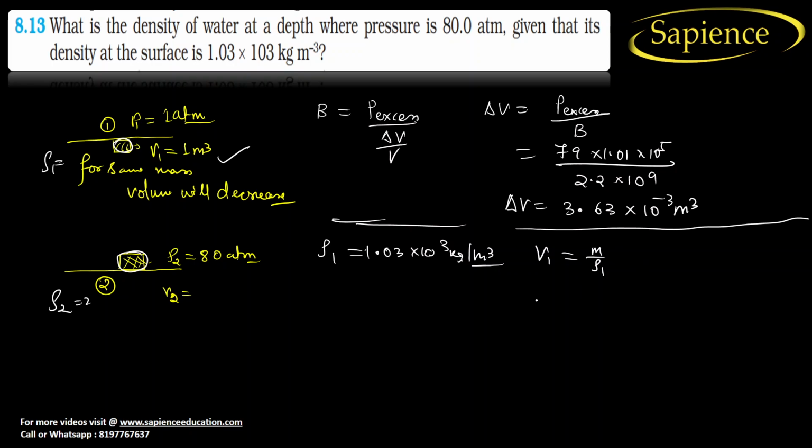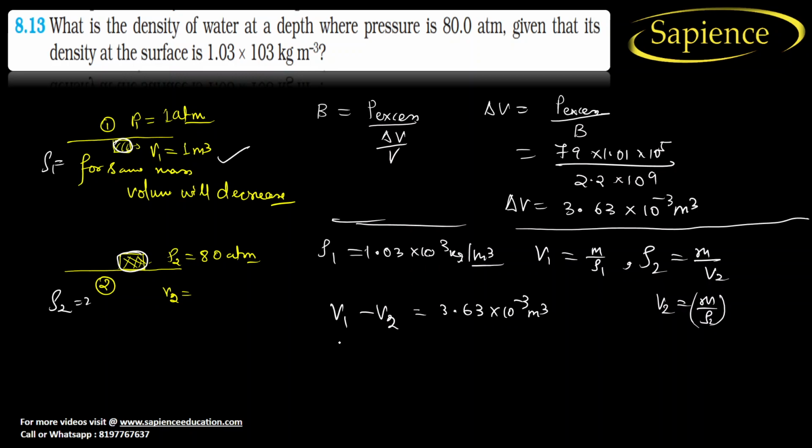If we talk about the density rho 2, rho 2 is equal to m by V2, or we can also write V2 is equal to m by rho 2. Now we can write V1 minus V2 is the change in volume. The change in volume we have found is equal to 3.63 into 10 to the power minus 3 meter cube.